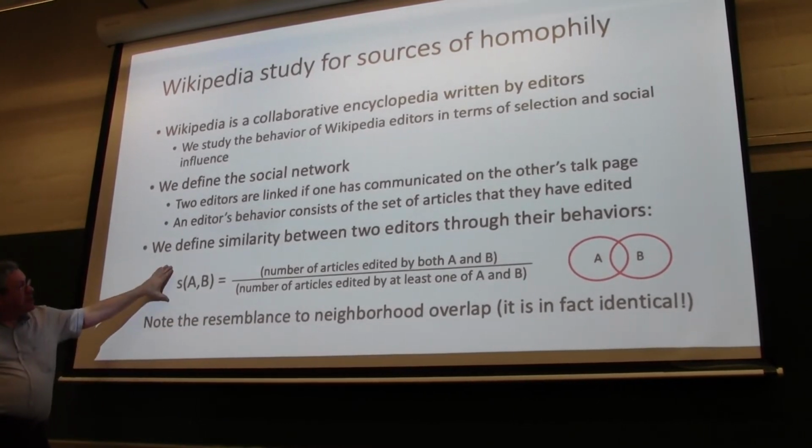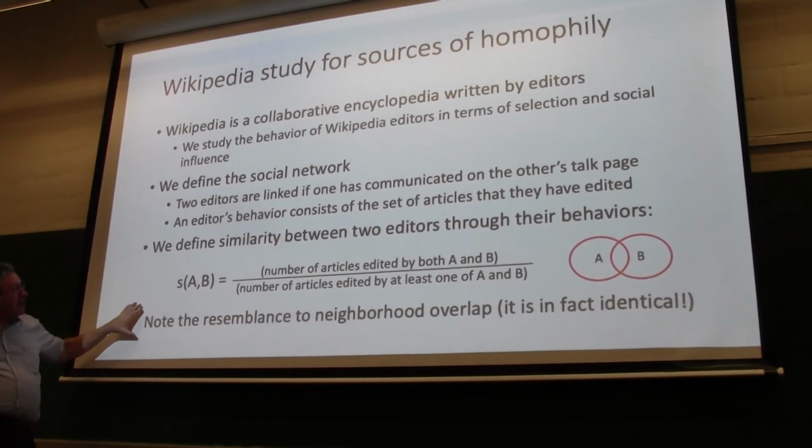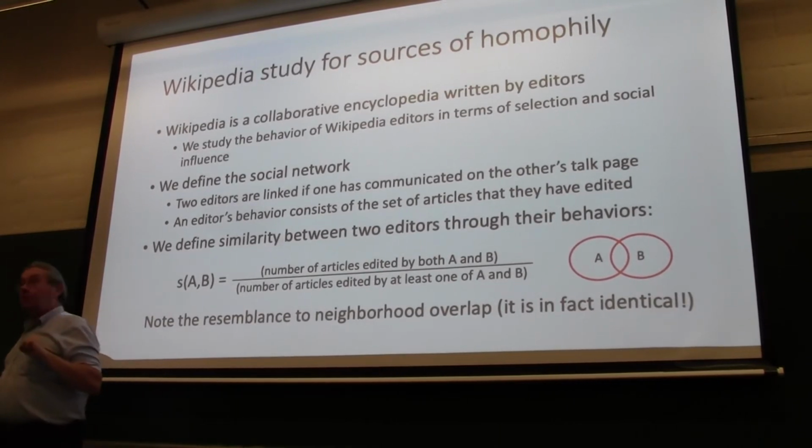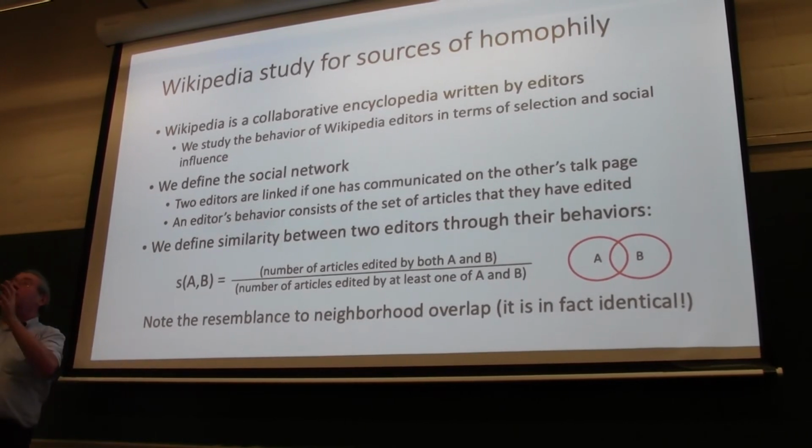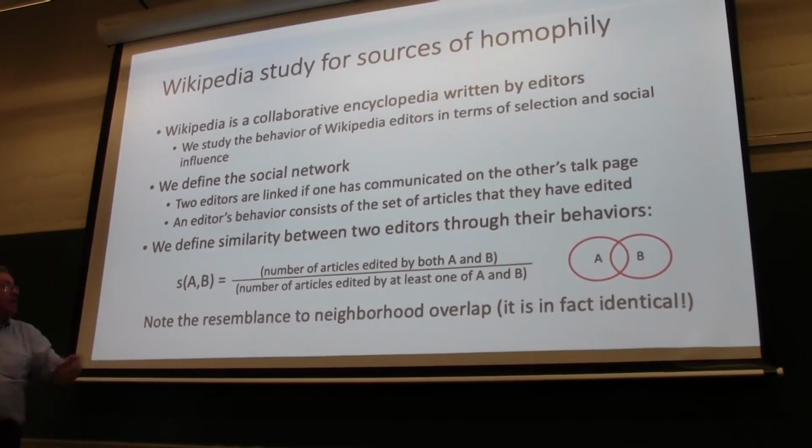You can see this definition is very similar to neighborhood overlap, where the neighbors are the articles that they edit. If A and B are editing exactly the same set of articles, the similarity is 1. If they edit 0 articles in common, the similarity is 0.